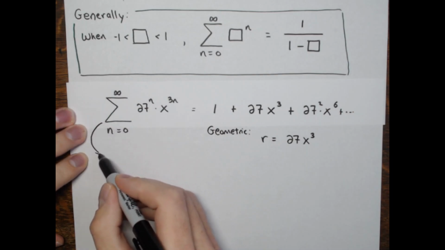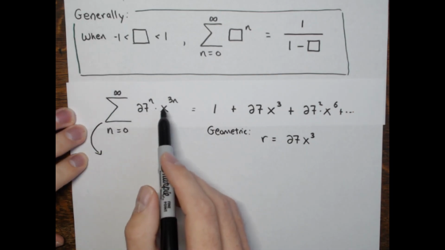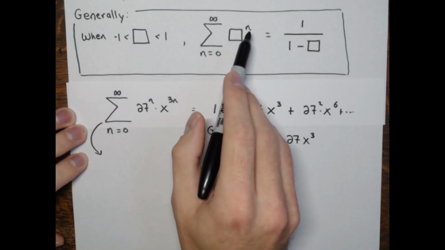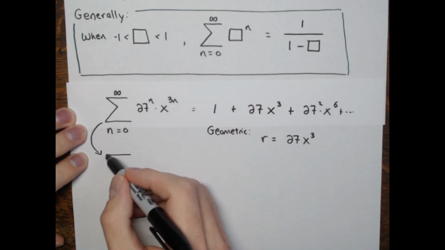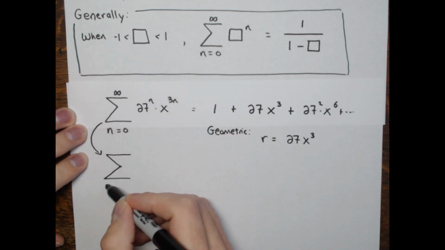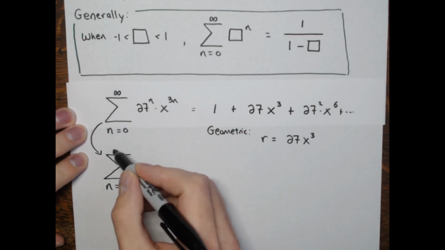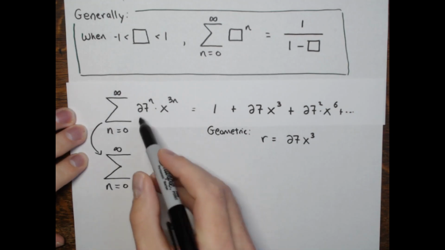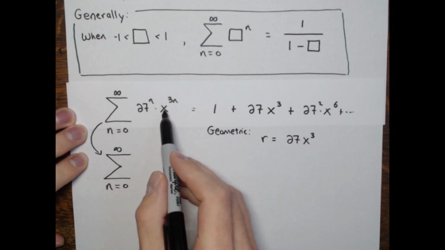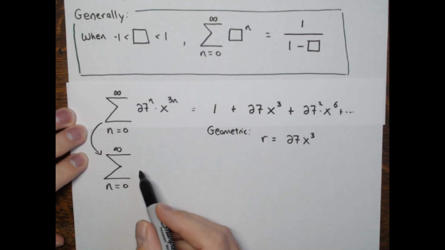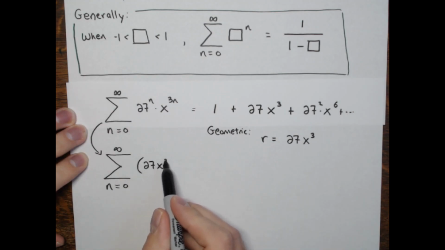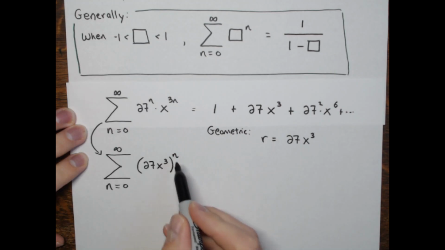And we can also see that here if we rewrite this as just a single expression to the nth power. The sum from n equals 0 to infinity, and I can think of 27 to the nth and then x to the 3n as x cubed to the n, and then make this all to the nth power. It's 27x cubed to the nth power.